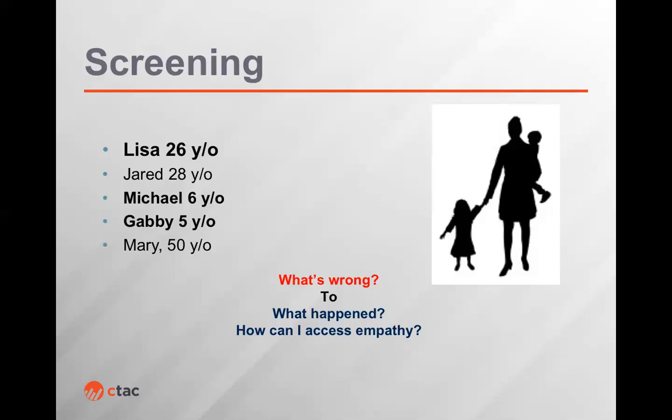Now, the reason this vignette is an important one for us to spend some time on is if I was to tell you that Lisa had arrived 2.5 hours late today because she was up all night in the emergency room with Michael, who has really terrible asthma, and she was really tired, but she still got up and went with her mother to dialysis, and the ride or whatever service that helps with transportation was a bit late.